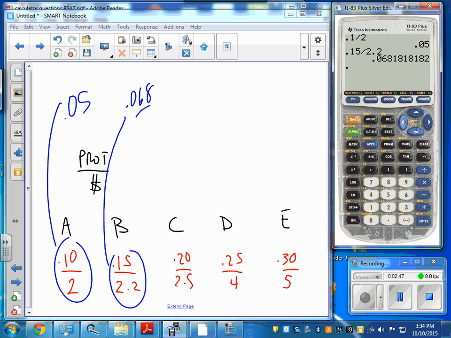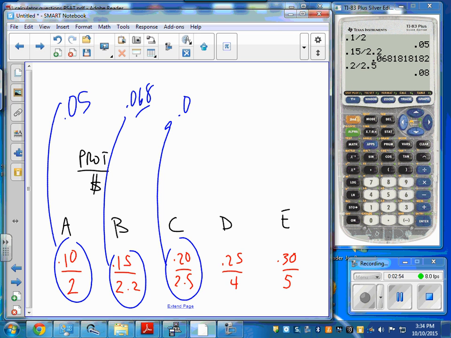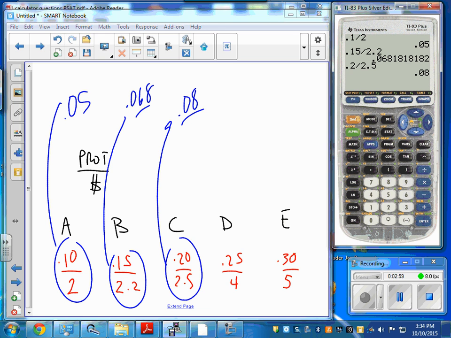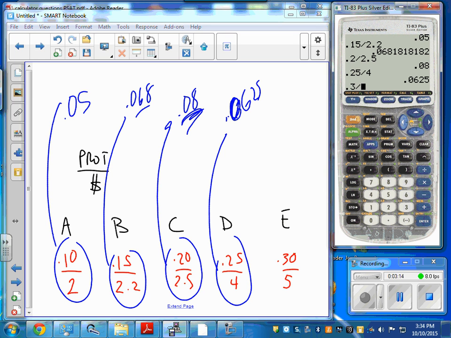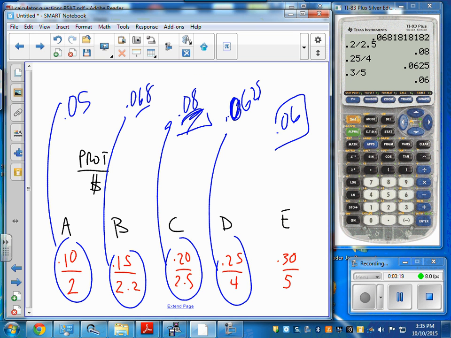Choice C, we have 0.2 divided by 2.5, and that gives us 0.08. So far so good, we're still going up. Choice D, we have 0.25 divided by 4, and now we've gone down a little bit, 0.0625. Notice that's less than 0.08. And the last one, 0.3 divided by 5, is only 0.06. So the best deal for the money is choice C. That's the answer.